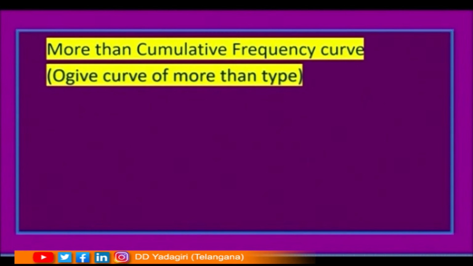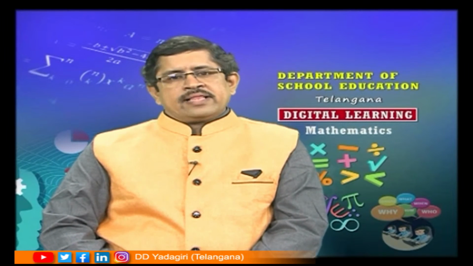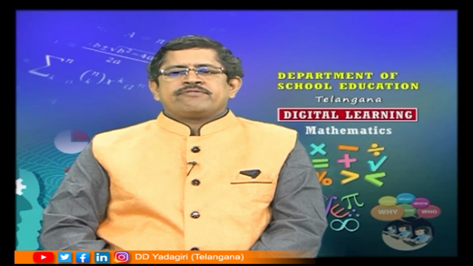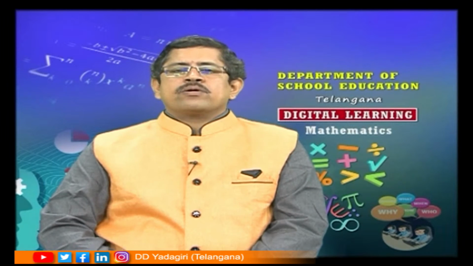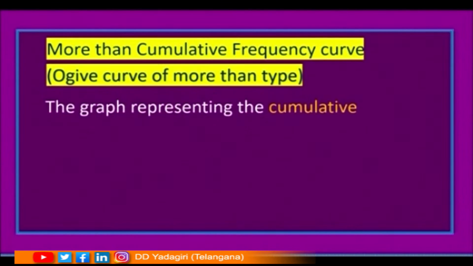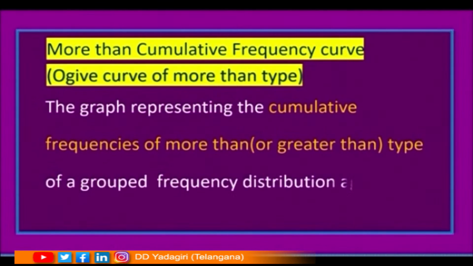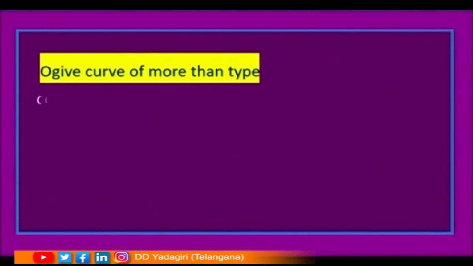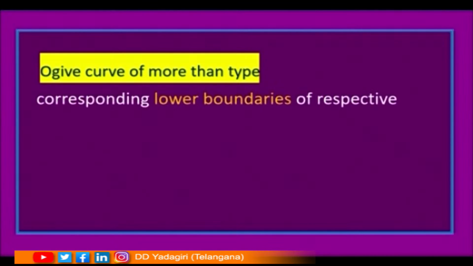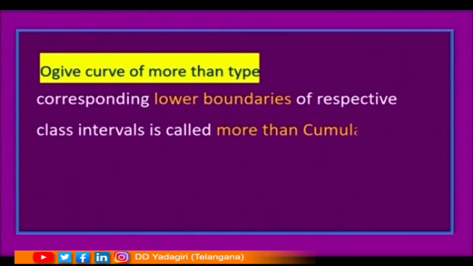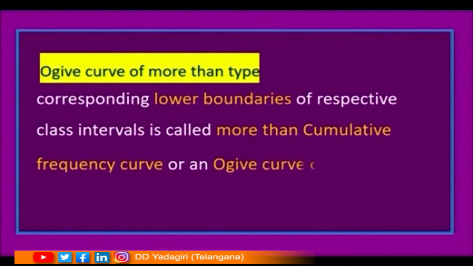Now after knowing about the less than cumulative frequency curve, we are going to discuss another type of cumulative frequency curve called the more than cumulative frequency curve, or Ogive curve of more than type. The graph representing the cumulative frequency of more than type or greater than type of a grouped frequency distribution against the corresponding lower boundaries of the respective class intervals is called the more than cumulative frequency curve.